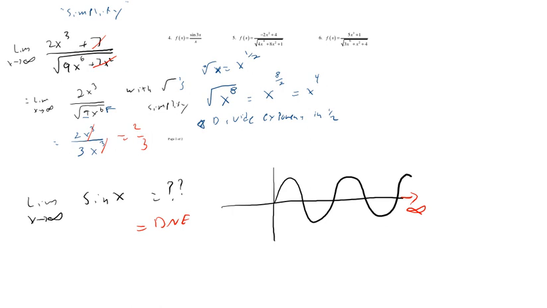So the limit of things like sine x does not exist because it oscillates, that's how you spell it, between two values forever.